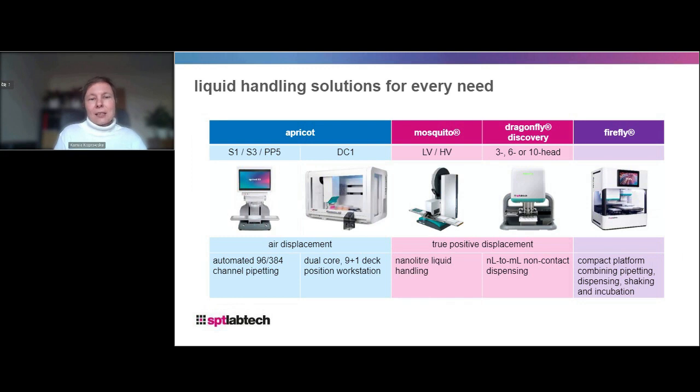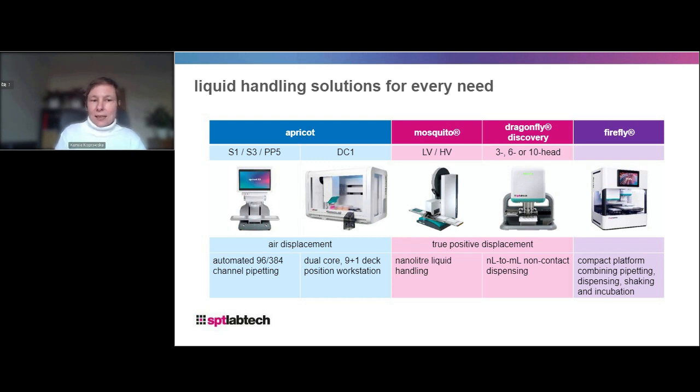In terms of the liquid handling solutions that we offer at the moment, there is a broad range suitable for different applications, for different throughputs, for different needs. So we have the range of the Apricot instruments, which are pipetters, either 96 or 384, or pipetting by column.